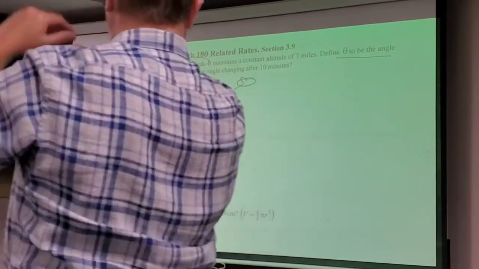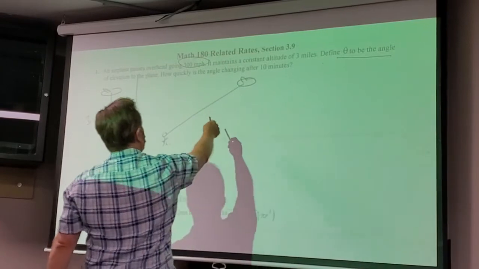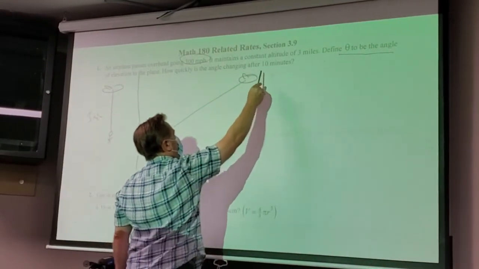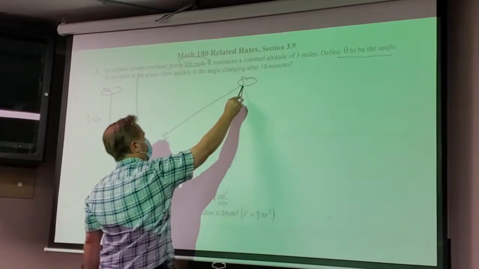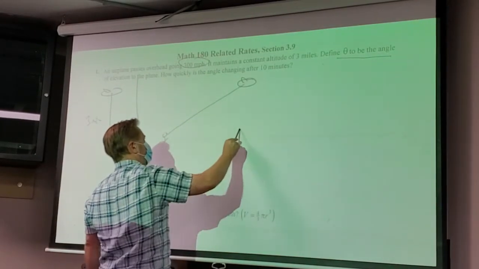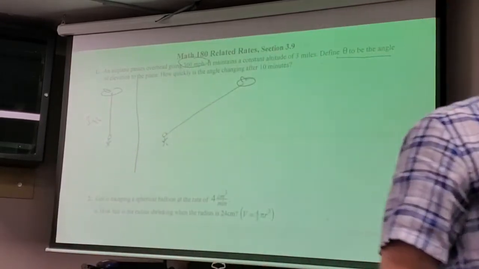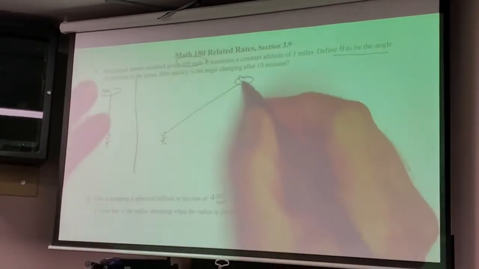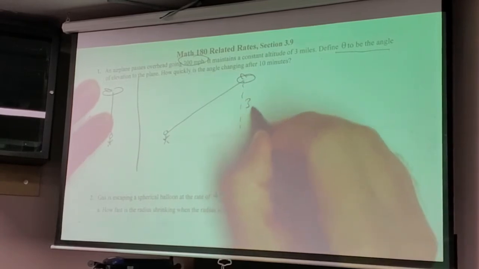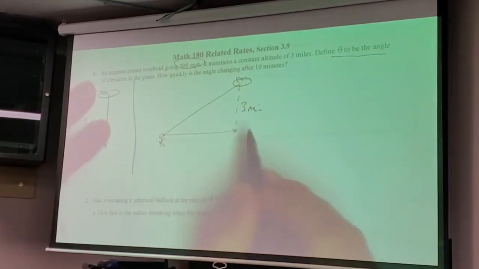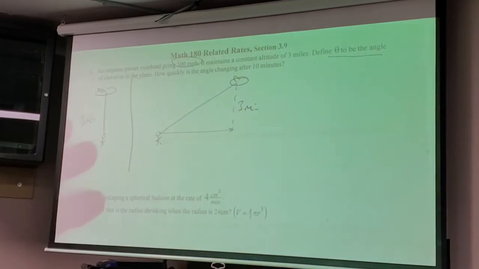Sorry. So now I'm drawing a picture of the snapshot 10 minutes later. How high up in the air is it? Still 3 miles, because that's what it says. It maintains the constant altitude of 3 miles. So I know this is 3 miles. What's this? 50.